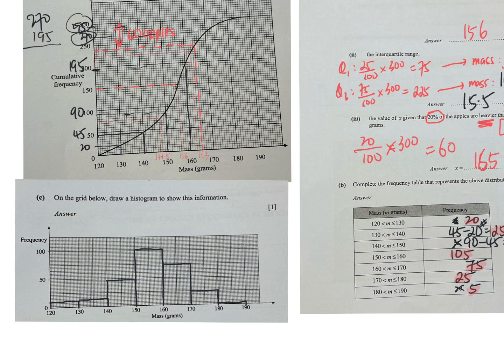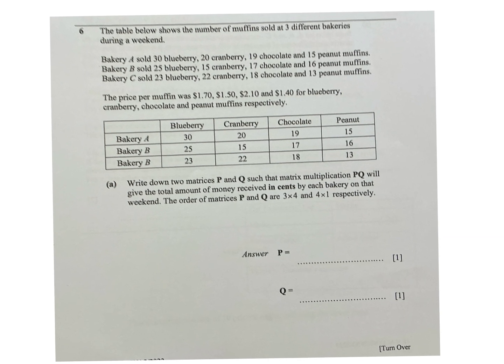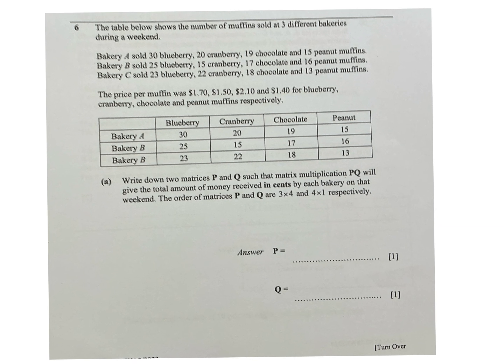Okay, and then the last one is matrices. I give you 3 minutes break, but let's finish this one first. Matrices is not difficult, but they give some rules that you need to follow. First they say, can you write down the matrix P?